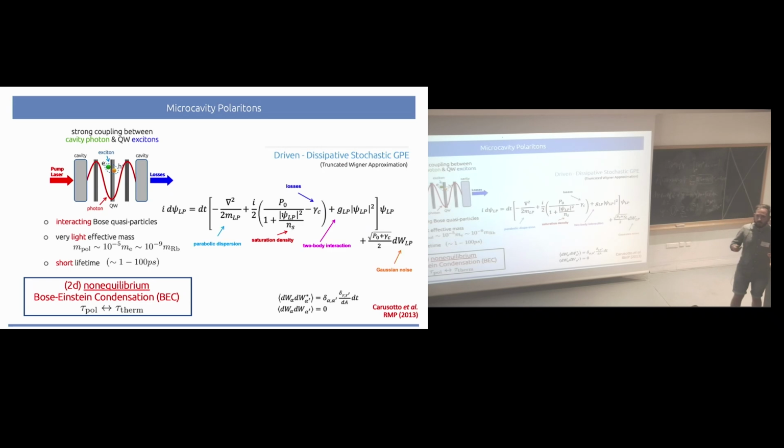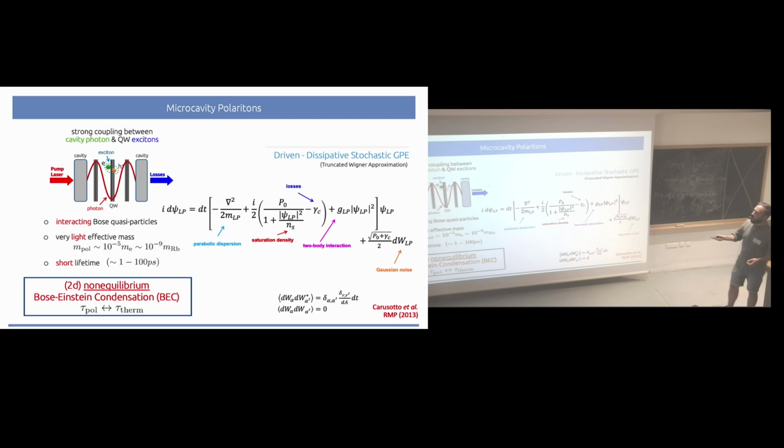So how do we model the dynamics of such a system? Well, we can use the so-called driven dissipative stochastic Gross-Pitaevskii equation. It's a sort of link to the previous talk. This is a GPE-like equation. I'm sure that you already recognize some GPE terms, like the kinetic term and the interaction term.